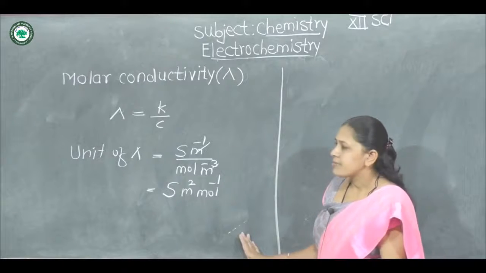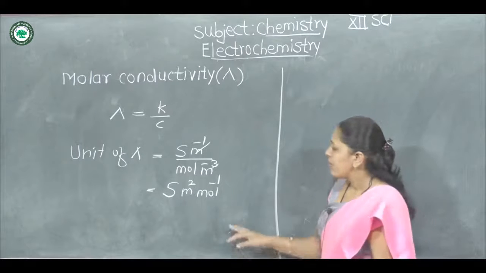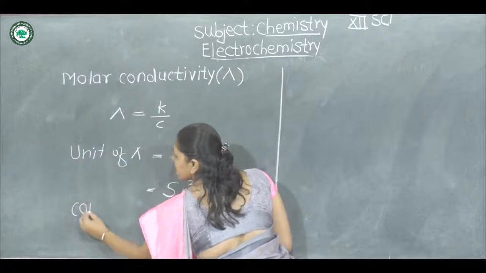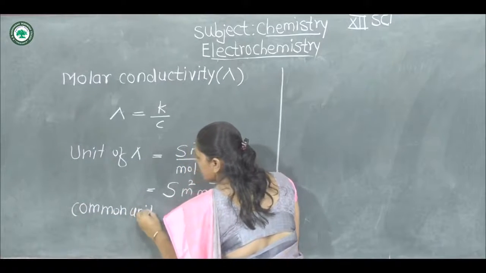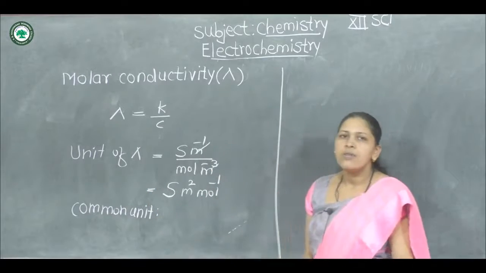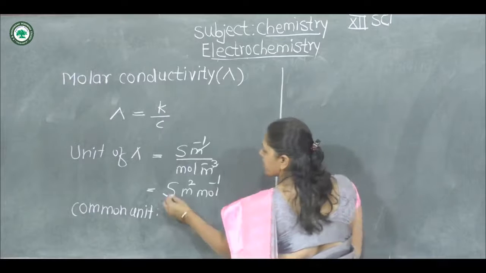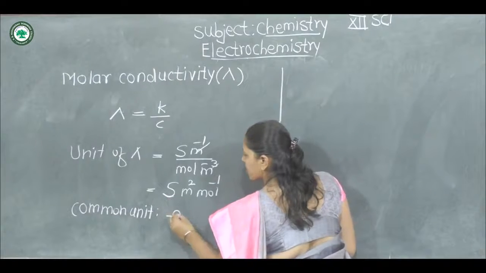This unit can be converted into another common unit. We know that 1 Siemens is equal to 1 ohm inverse. Therefore, here Siemens is replaced by ohm inverse.